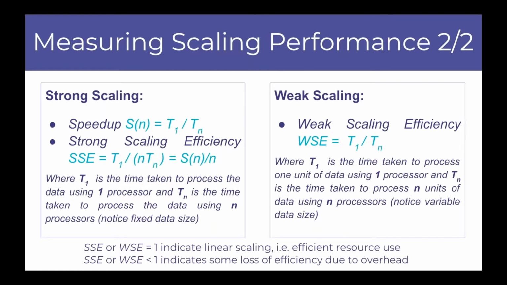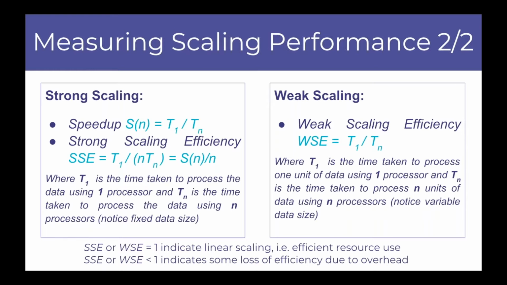So T1 is the time taken to process the data using one processing element, whereas Tn is the time taken to process the same data using n processing elements. And then strong scaling efficiency is we basically divide the speedup by the number of processing elements n. So efficiency is T1 divided by n times Tn.